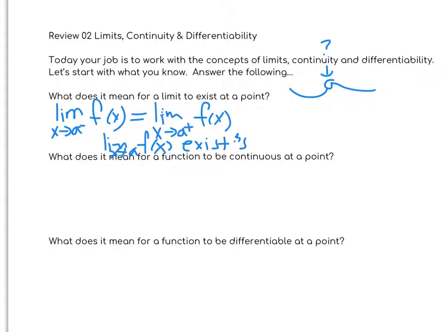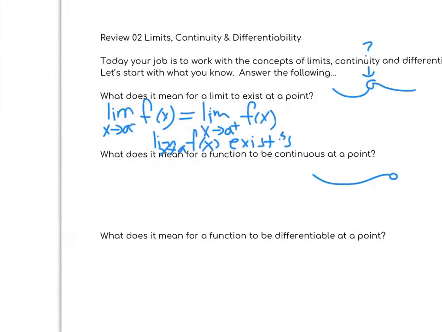For a function to be continuous at a point, this goes one step further. Graphically, we're saying that not only do we have to approach this unknown thing that's happening here, but we've got to have that point filled in. In other words, not only does the limit have to exist, so as x approaches a from the left, must equal the limit as x approaches a from the right.